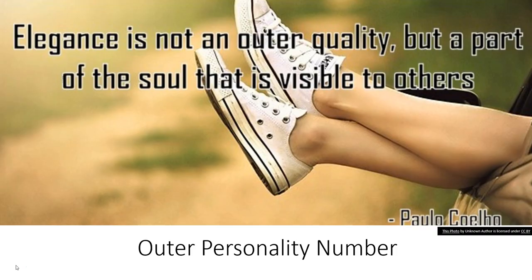Okay, so now we're going to calculate the outer personality number. Now that you've discovered the real you through the soul number, we're going to determine how other people see you with the outer personality number. The outer personality number also shows what people expect from you because of the image that you present.